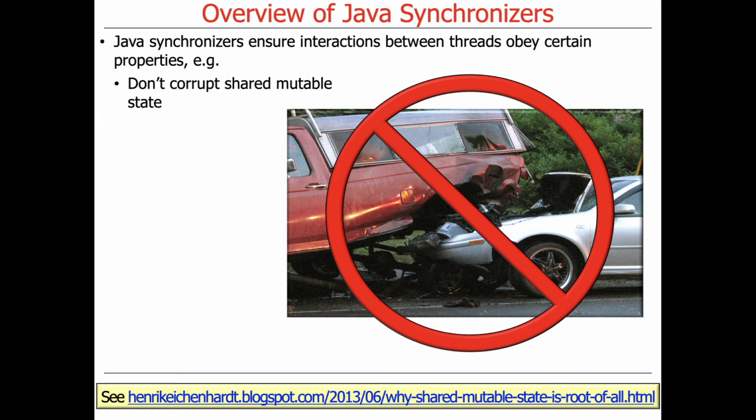One of the most important properties, and the one you'll focus on in your next assignment, assignment 1B, is not to corrupt shared mutable state. If you take a look at this link, you'll see why shared mutable state is the root of all evil in concurrent programs, Java included, but it goes beyond that. The metaphor to think about when you think about corrupting shared mutable state is things smashing into each other and causing all kinds of damage.